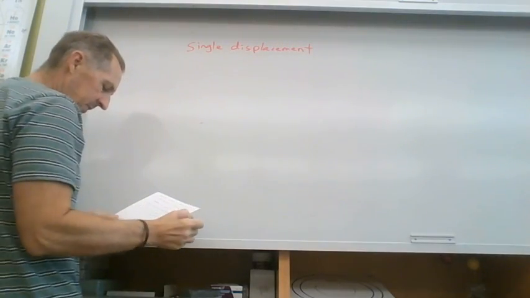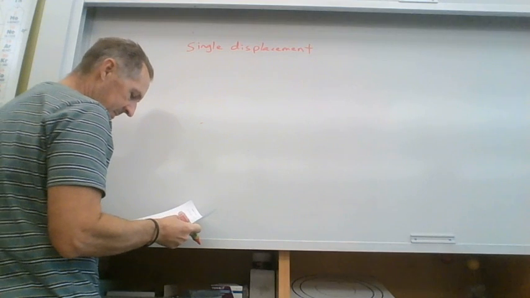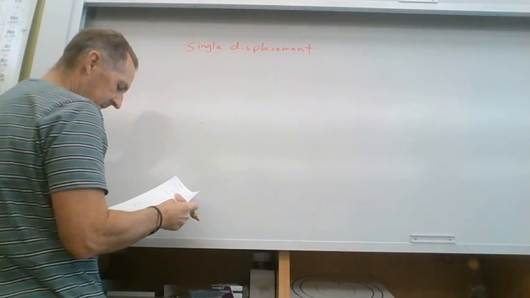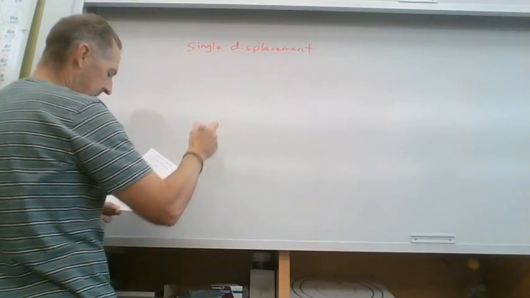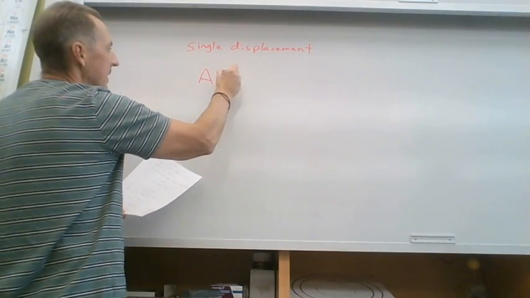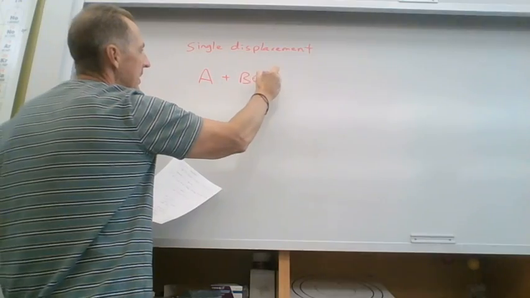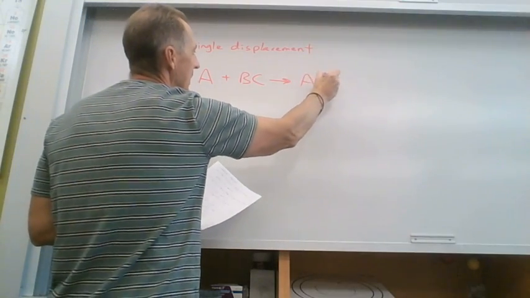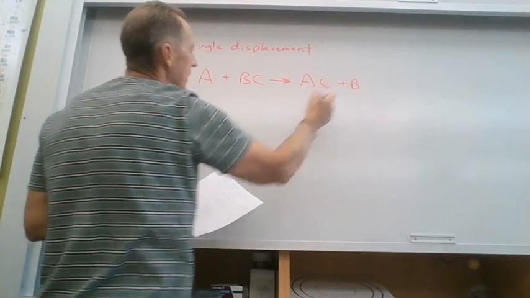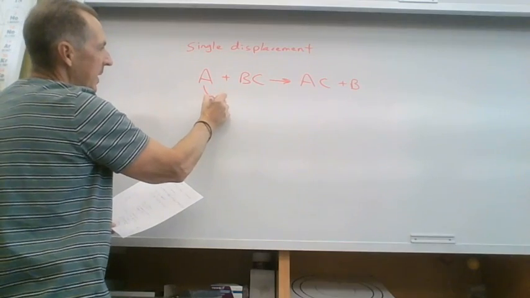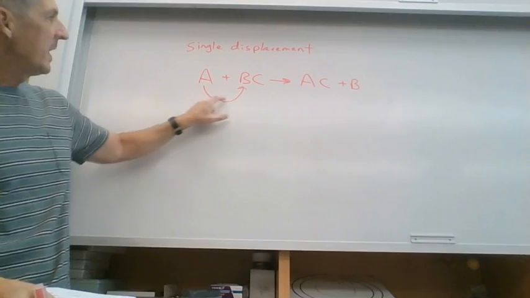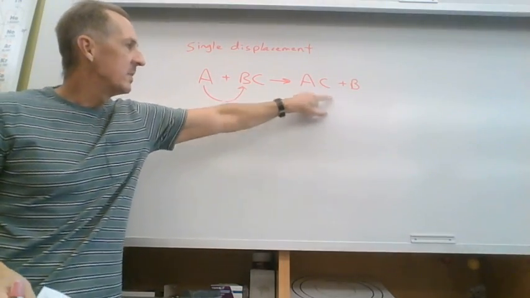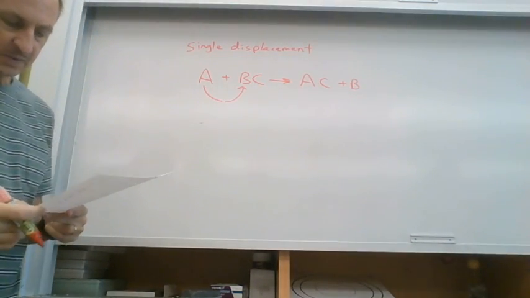And that's when you have something by itself coming in and displacing another. So A displaces B, and A is now with C, and B is by itself.